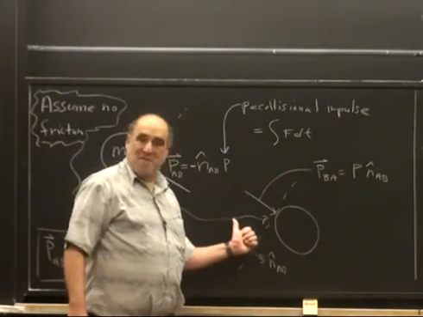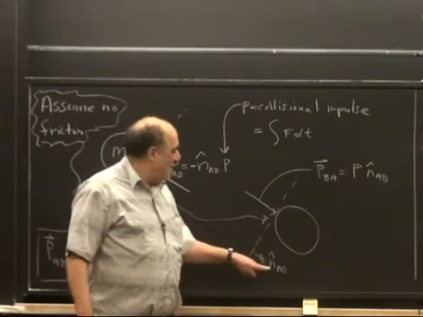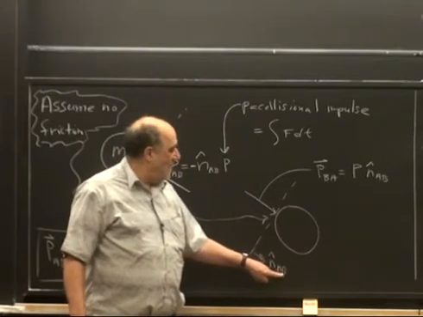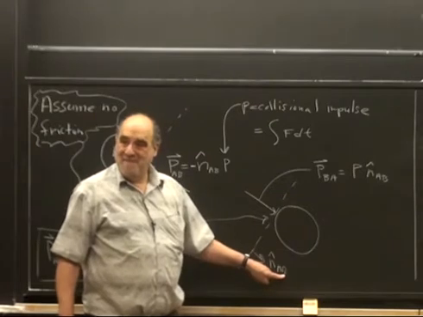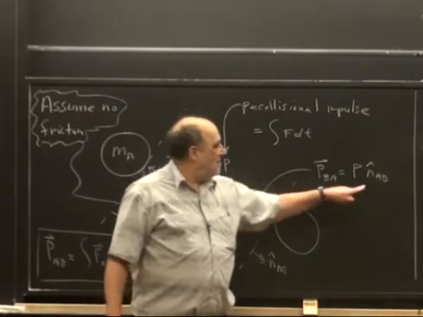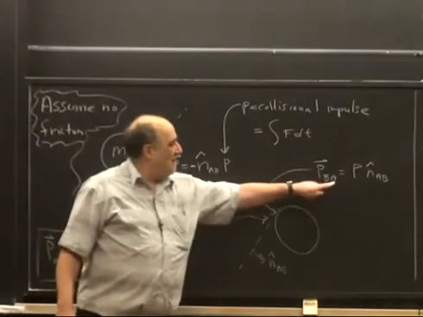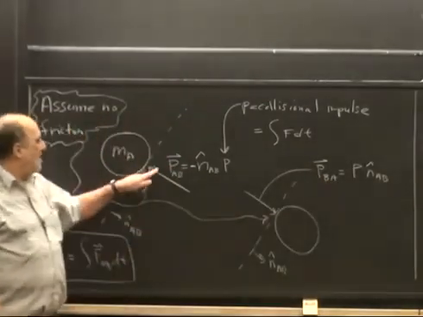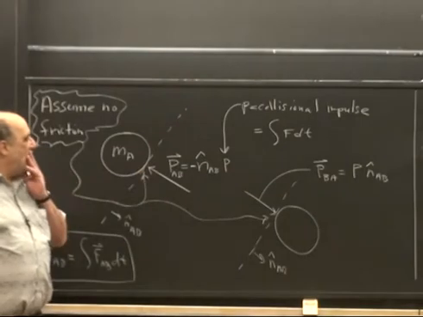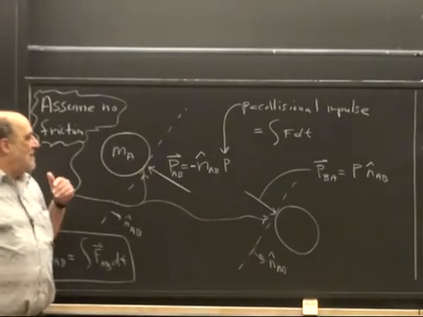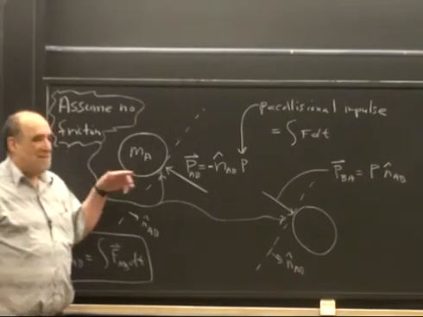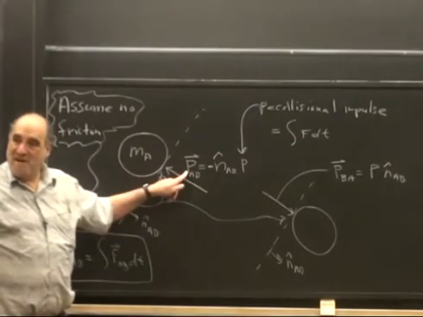Couldn't I define the normal this way or this way? So what I've said is this is the normal from A towards B. And then this has to be like this. And this is the force on B from A. And then this has to be the negative of it. Now, one common confusion, which you just have to get used to, is how to work with vectors and arrows.